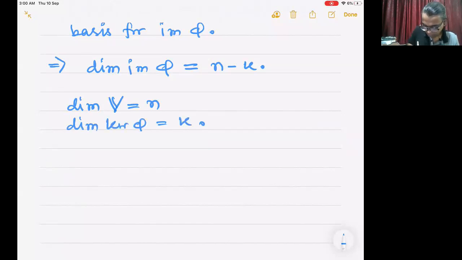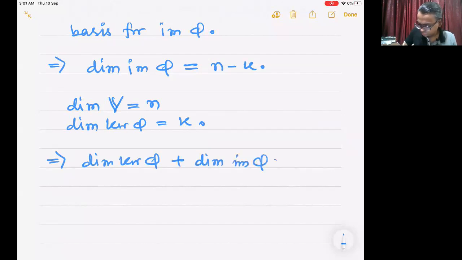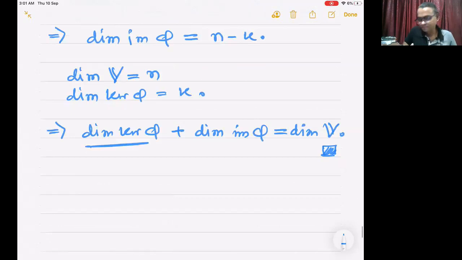So this implies the dimension of the kernel of phi plus the dimension of the image of phi is equal to the dimension of V. So this is what we wanted to prove. When you apply this to matrices, you get back your rank nullity theorem. This is, of course, nullity.